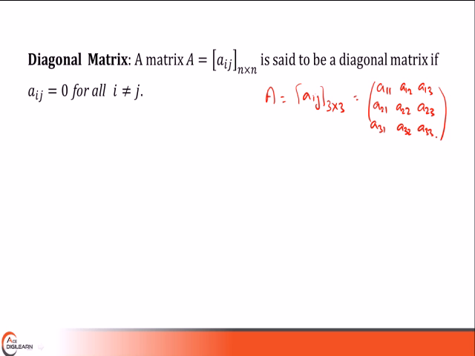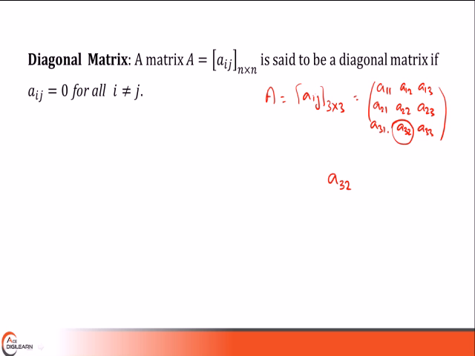You can observe one thing. This is the first row, so the row number in all these elements I kept 1, and this is the first column, so the column number in all these I kept 1. The first number denotes the row number and the next number denotes the column number. Suppose you see a32: it is an element in the third row, second place. So you can identify its position, third row, second place.